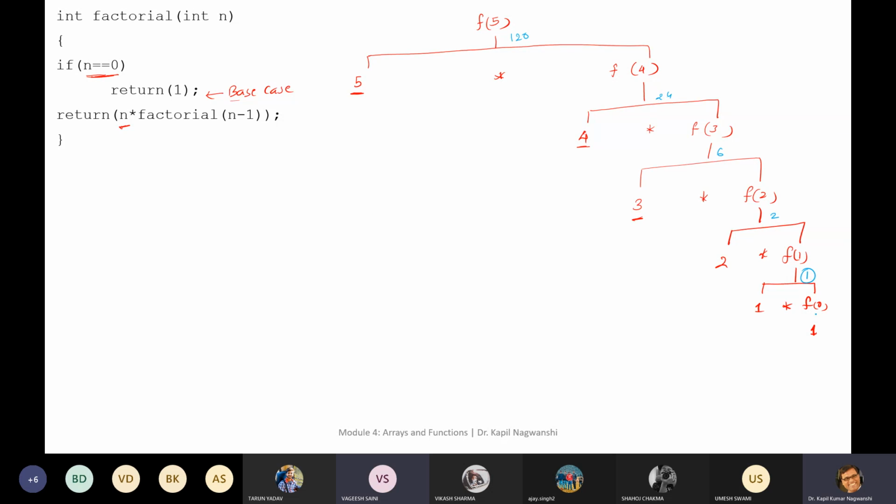Yes, sir. So this answer is due to the base case. This is not due to the base case. This is the value of n. These all are the current value of n.